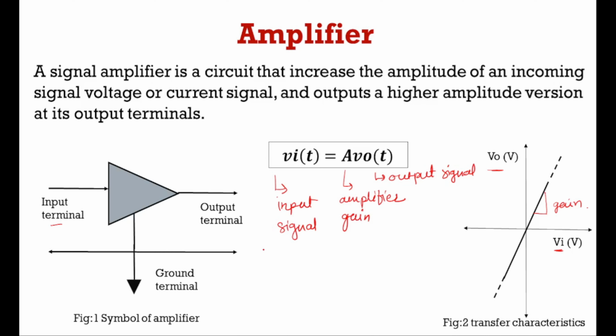There is one more type of amplifier known as a power amplifier, which provides an adequate amount of voltage gain and enough current, and it takes very small power from the signal source and delivers a large amount of power at the load.